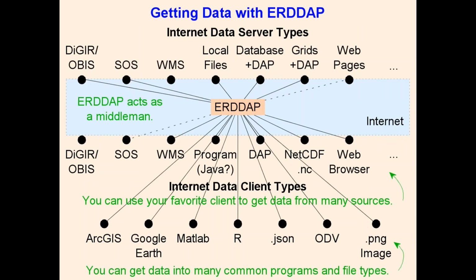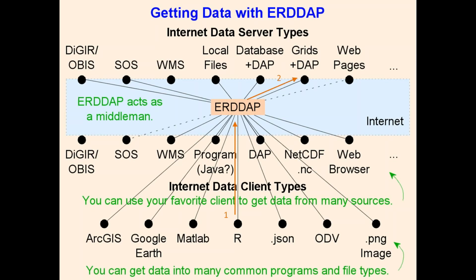So ERDDAP works as a middleman to be a broker, another buzzword, to get data from all of these different source types and get it into your favorite client software. So if we pick a client like R, a person using R can make a request to ERDDAP in ERDDAP's standard OpenDAP-like request, although you can do straight OpenDAP requests as well.